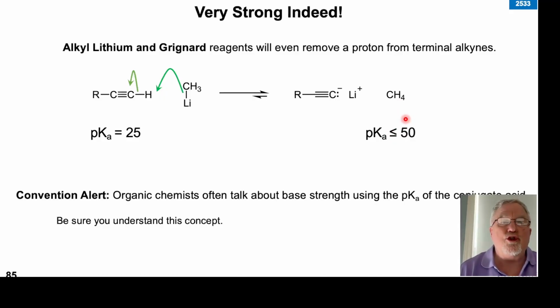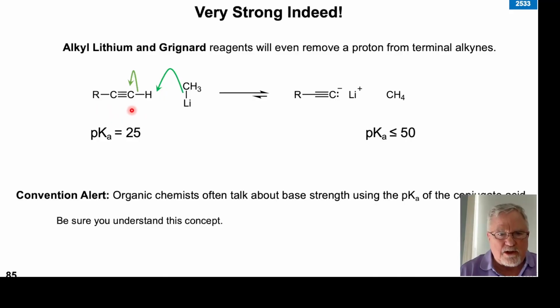Now remember, you're used to talking about pKa's in water, in which case they have to be somewhere between 0 and 14. When we get into organic solvents, we can have much stronger bases because there's no weak acid like water around, and these are very weak acids, so that we can do these types of reactions in organic solvents.